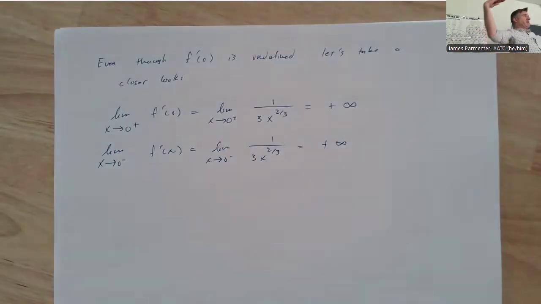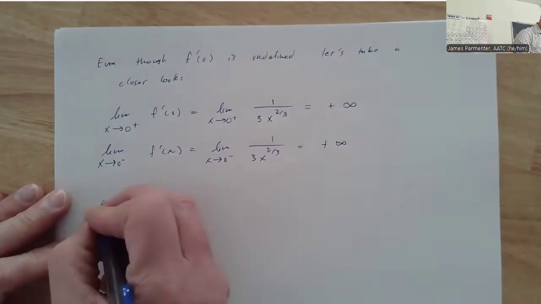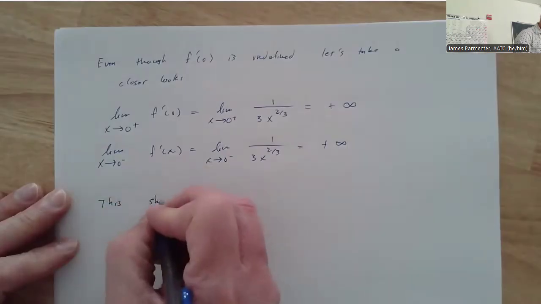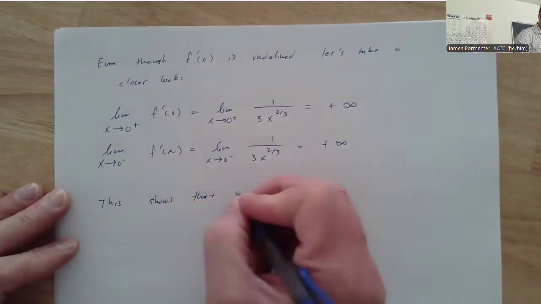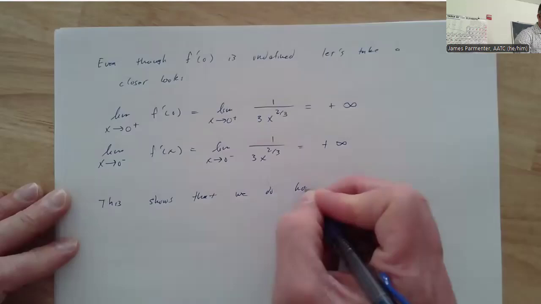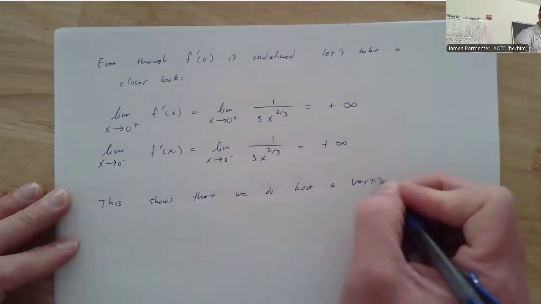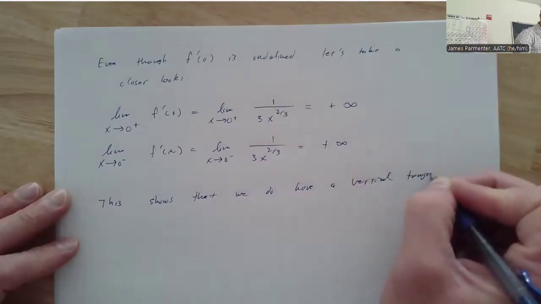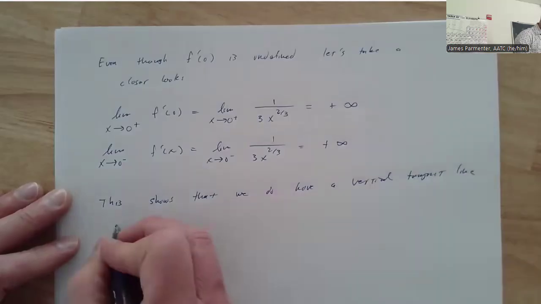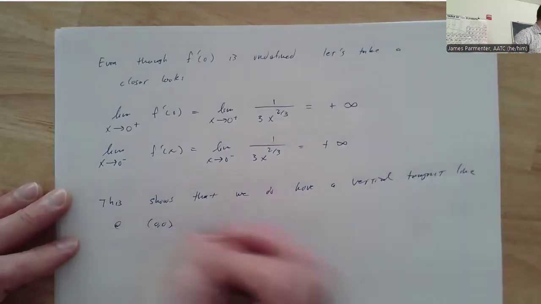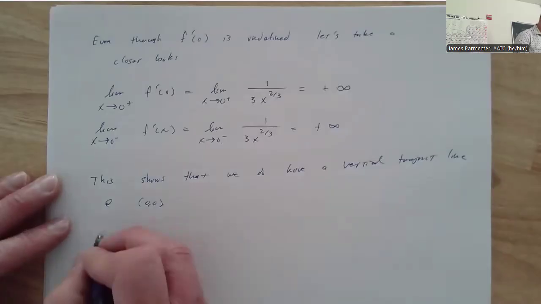Whereas if one was a positive and one was a negative infinity, you'd have a cusp kind of thing going on. So this shows that we do have a vertical tangent line at 0, 0.